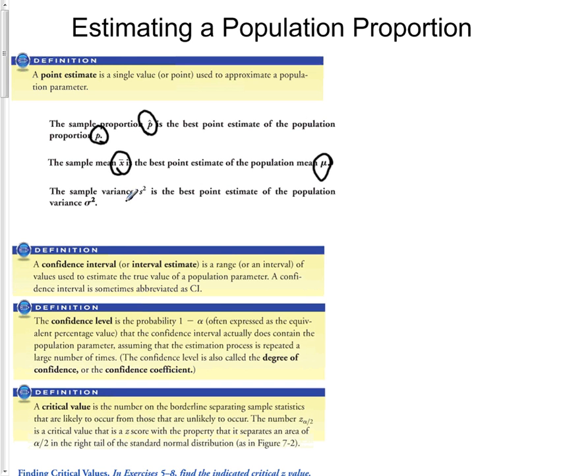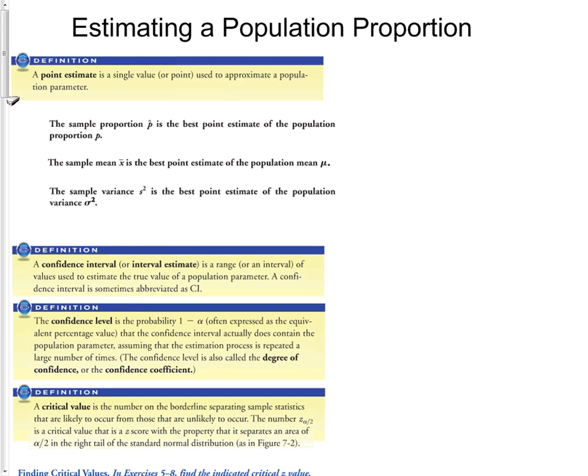And the sample variance s squared is the best point estimate of the population variance sigma squared. All right, so these are point estimates. They're single number guesses or approximations, estimates for the population parameters.